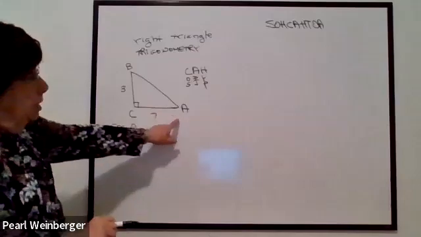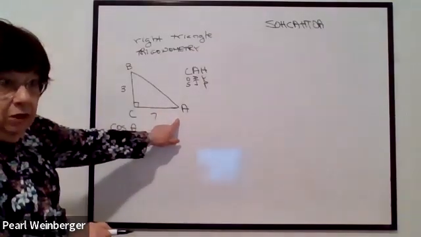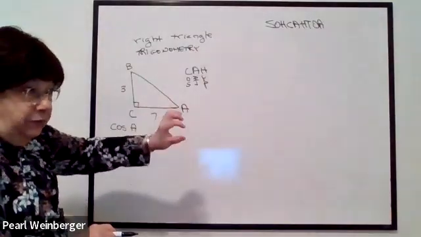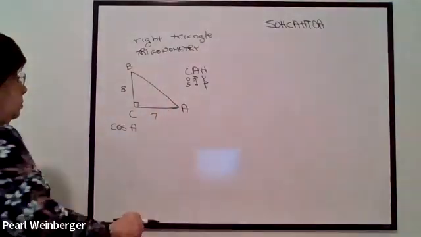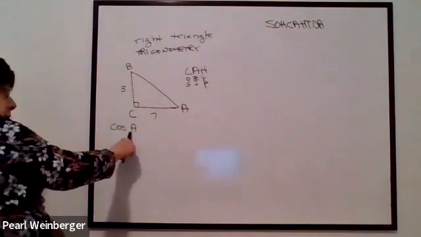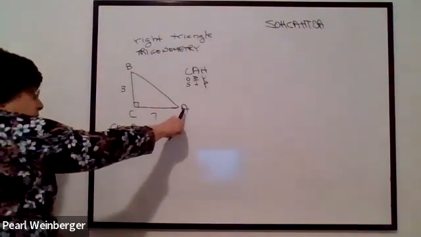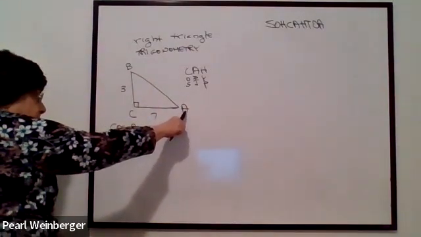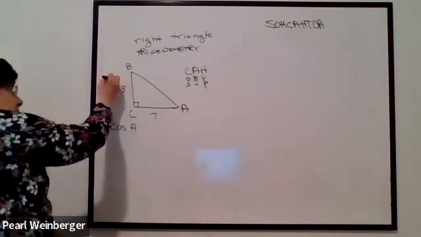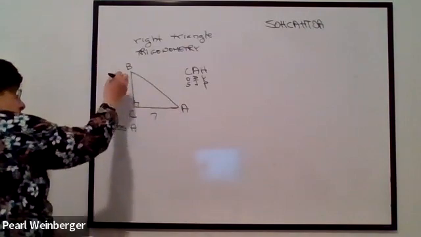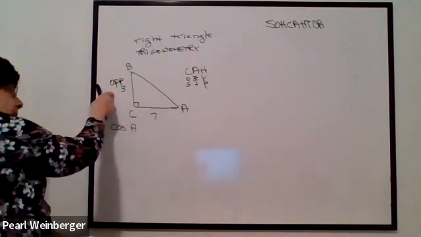So I'm going to label my sides of my triangle opposite, adjacent, hypotenuse. So we want the cosine of angle A, so I'm doing it from the perspective of angle A. Angle A, the opposite side, is this one. This would be our small a.